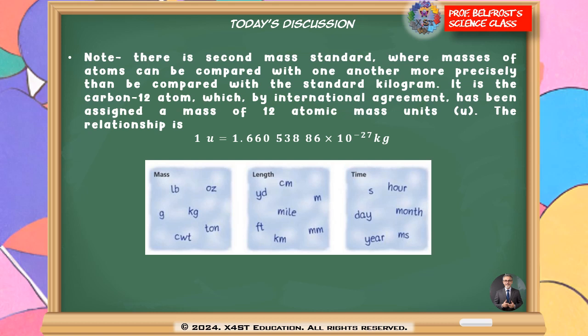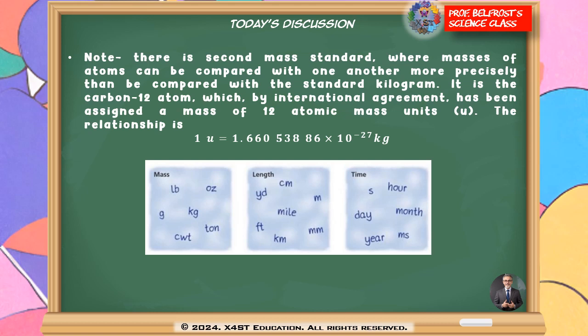So how much is one atomic mass unit? It equals 1.6605386 times 10 to the minus 27 kilogram. I hate this number. You can see it.